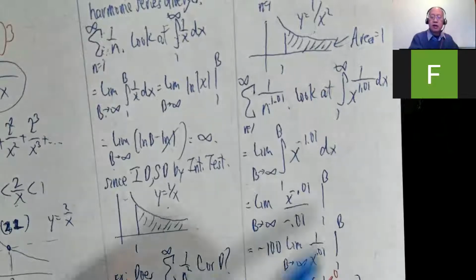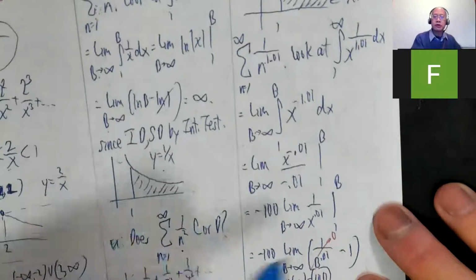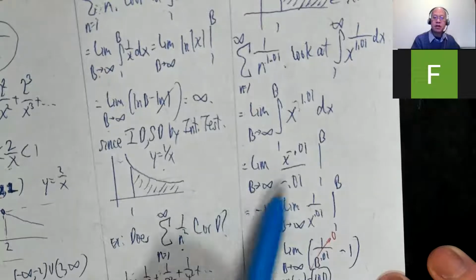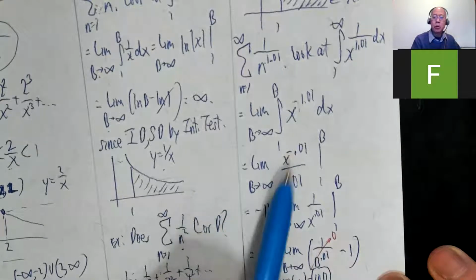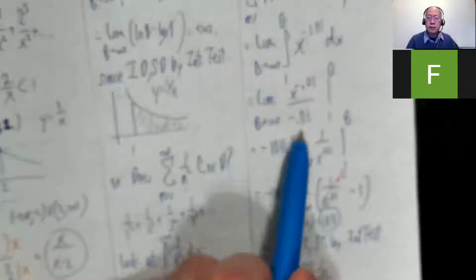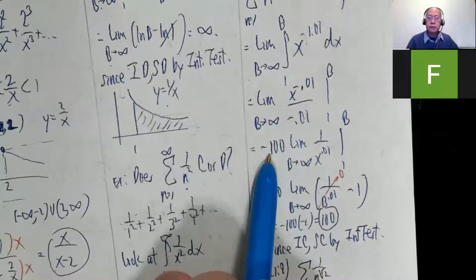The key thing is after I integrate, when you do the power rule, you add 1, and you're still going to have a negative exponent. So limit as b approaches infinity, x to the negative 0.01 divided by negative 0.01. Dividing by negative 0.01 is the same as multiplying by negative 100.